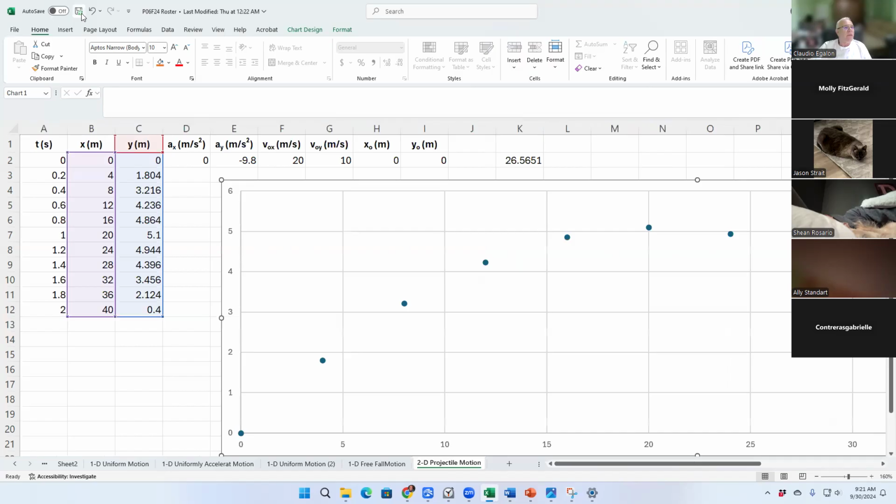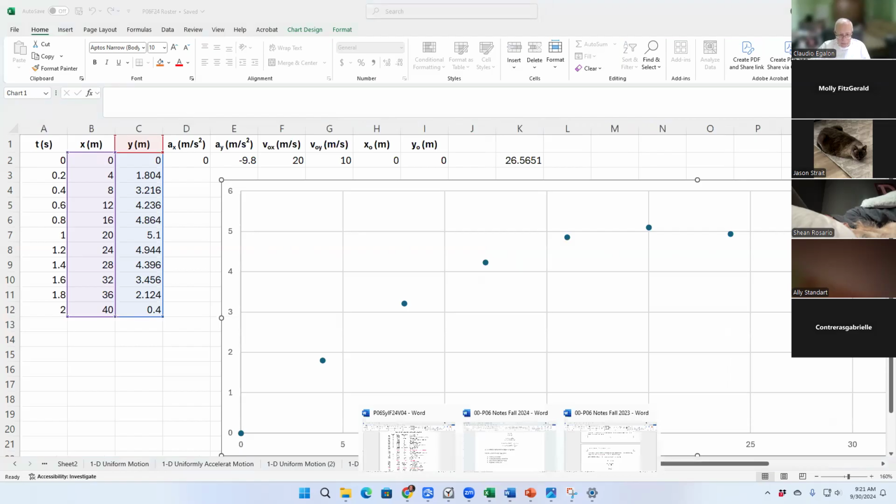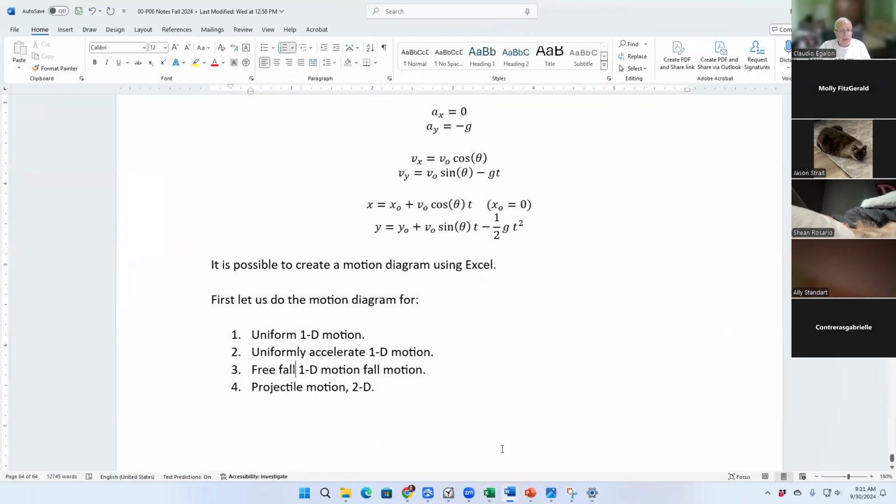Okay, so let's save it here. And there's more that we can do. There are more things that we can do with this set of equations. So we did all of that, 1, 2, 3, 4. If we have time later on, we do the uniform circular motion, okay?